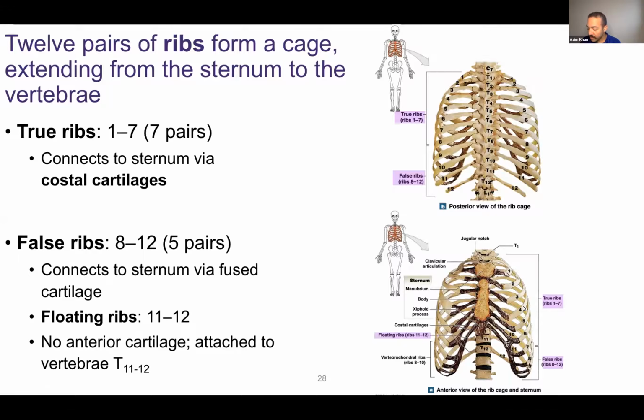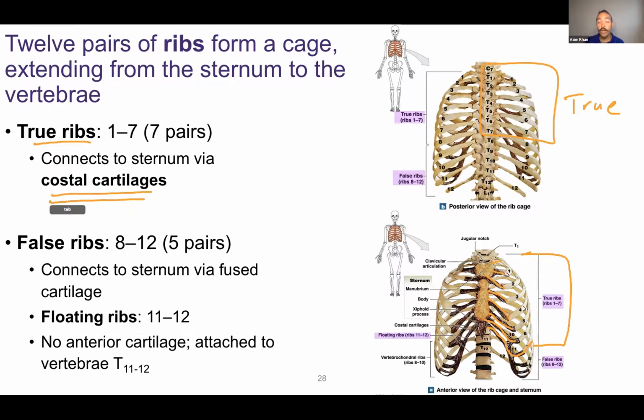The first seven are called your true ribs. If you look on the anterior side, all 7 have their own costal cartilage connecting to the sternum.